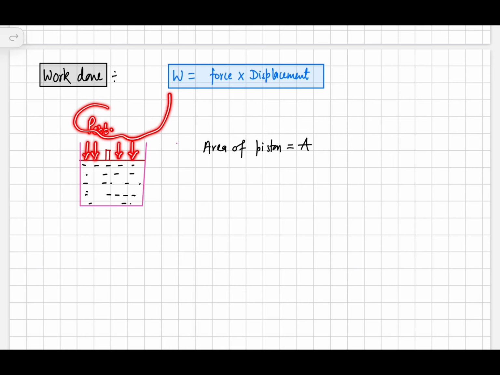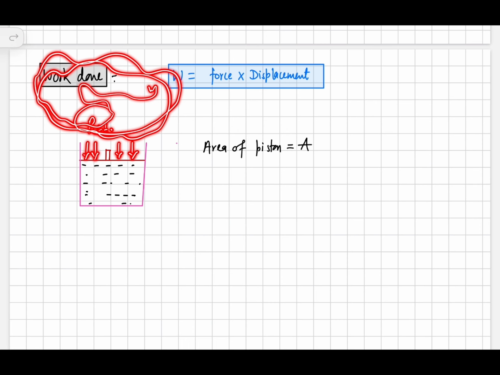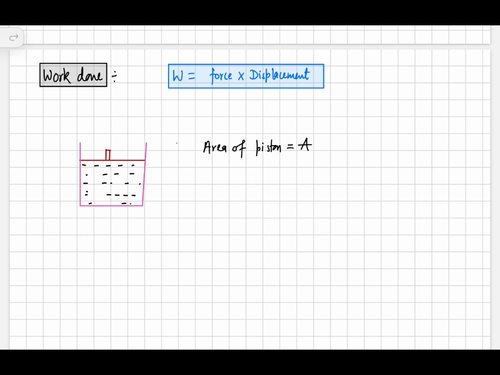So the mass of the air above this cylinder is exerting the mg amount of force on this piston, that is called the atmospheric pressure. So suppose that external pressure is P ext.